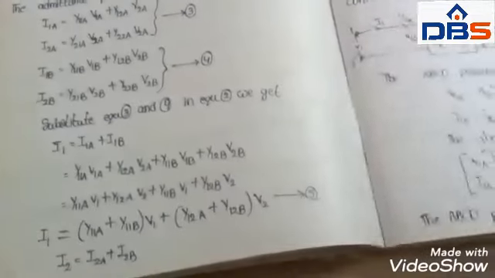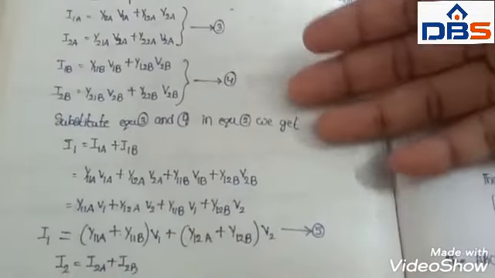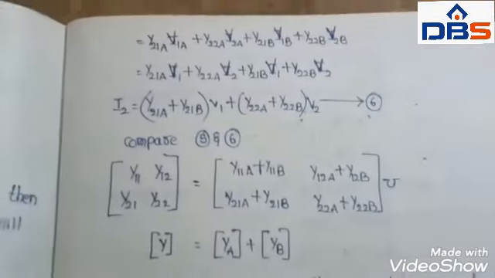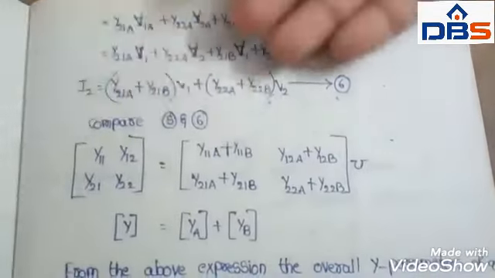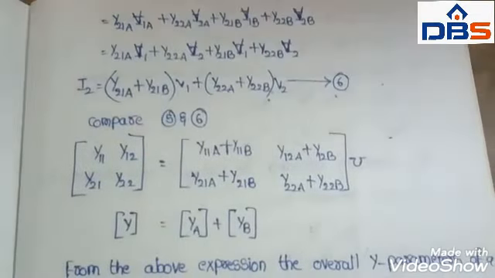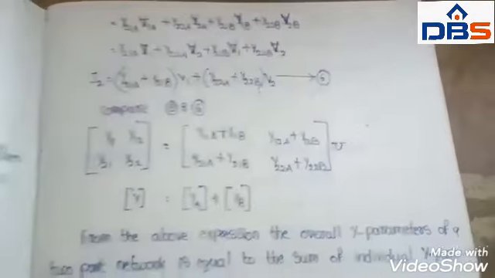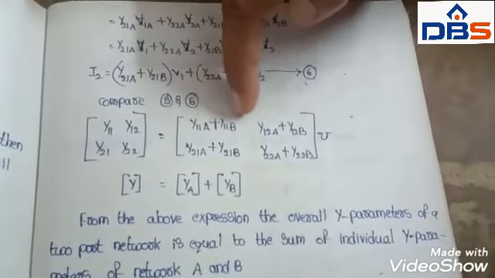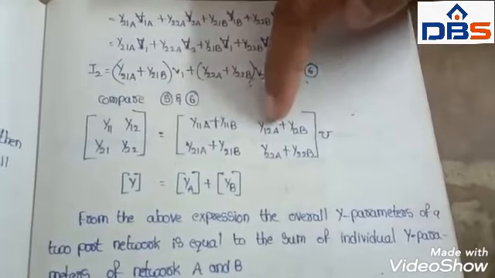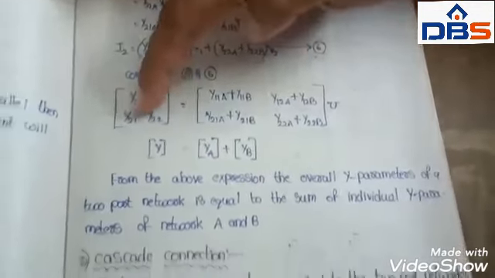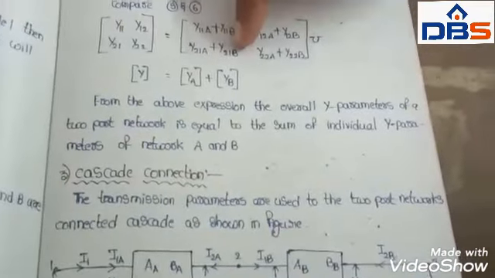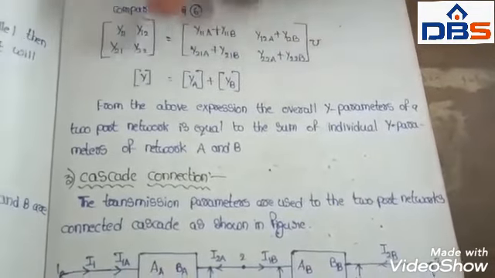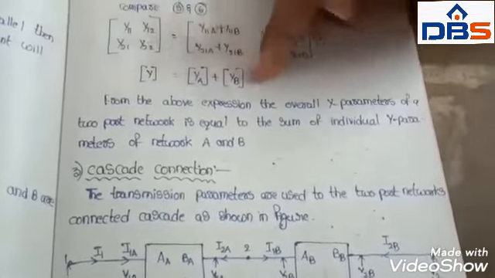After considering all these and expanding, we get Y11, Y12, Y21, Y22, similar to the Z parameters. The two networks' Y parameters are found individually and then added: Y11 equals Y11A plus Y11B, Y12 equals Y12A plus Y12B, Y21 equals Y21A plus Y21B, Y22 equals Y22A plus Y22B. So individually, Y equals YA plus YB.